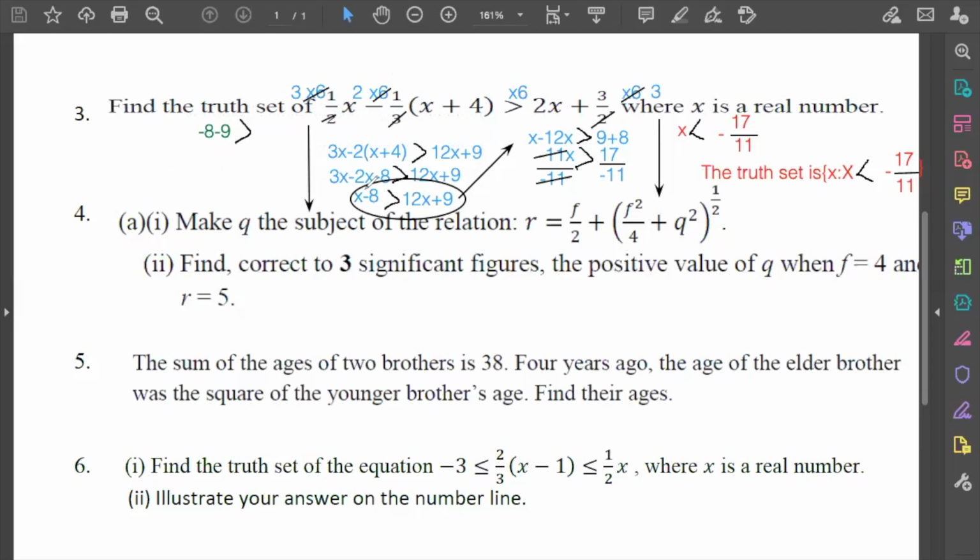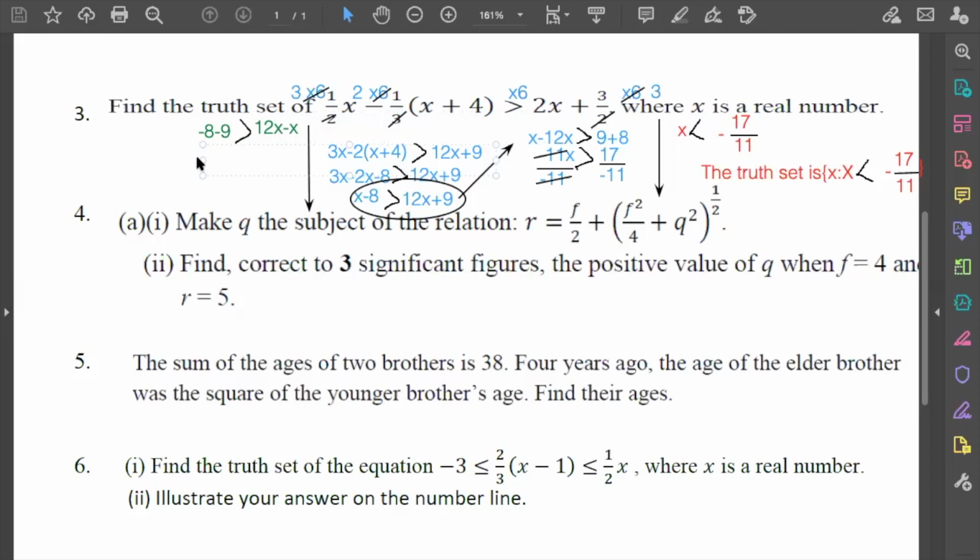Now I have 12x minus 1. So here I have 12x minus x. Good. Now, what am I getting for negative 8 minus 9? It's negative 17.